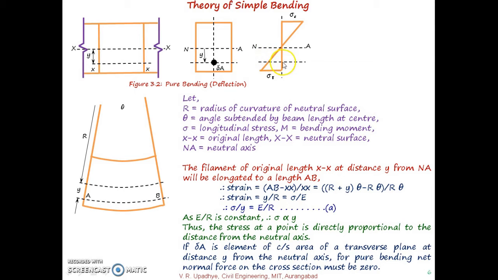So for internal equilibrium, the compressive and tensile forces, if we sum them, must be equal to 0. So if delta A is an element of cross-sectional area of a transverse plane at a distance y from the neutral axis, for pure bending the net normal force on the cross section must be 0.